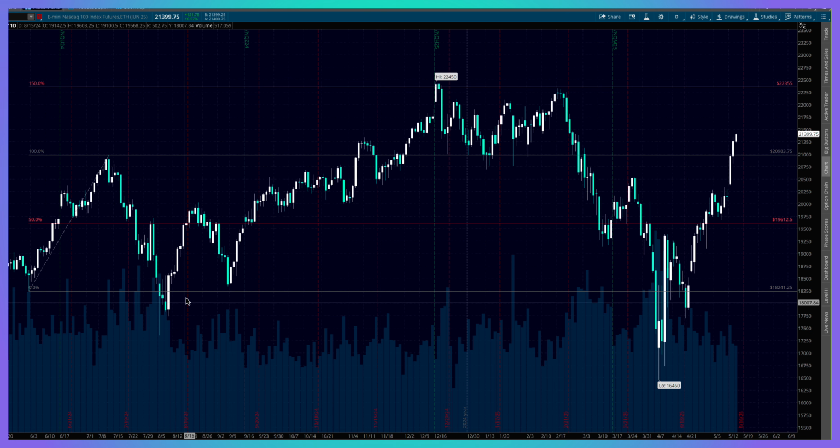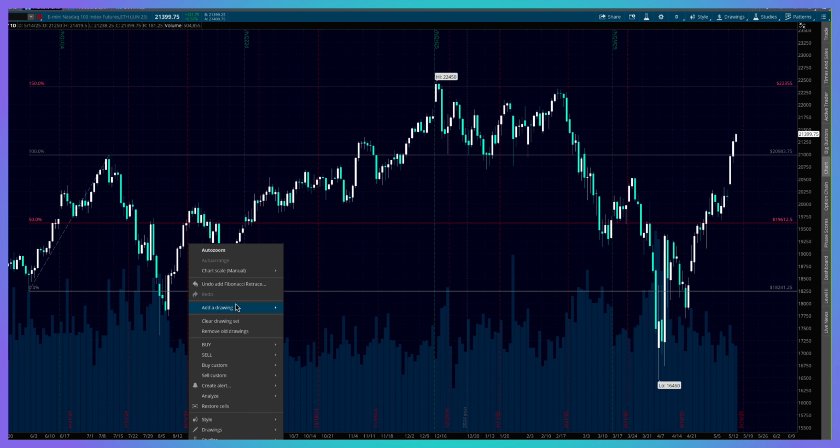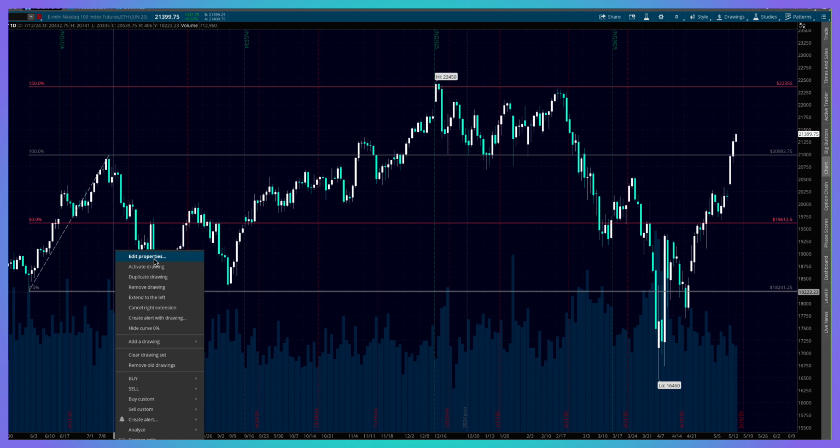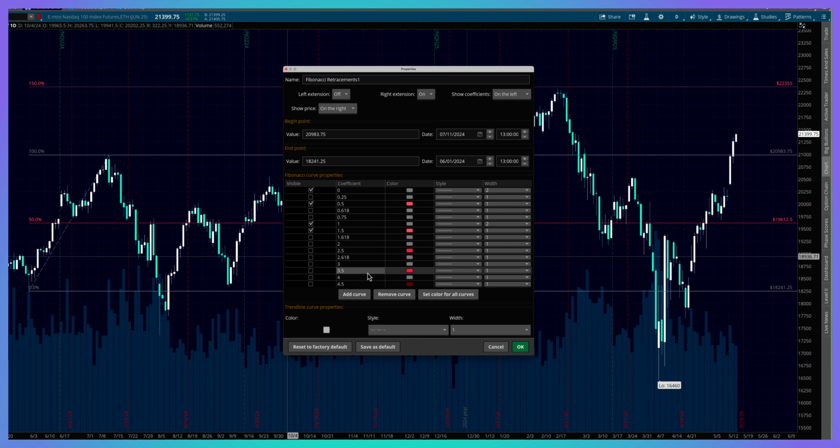So let me see if negative 50 works out here. Let's edit this drawing. I can't remember whether fibs do this. How about if I do negative 0.5? And we'll make this red also.